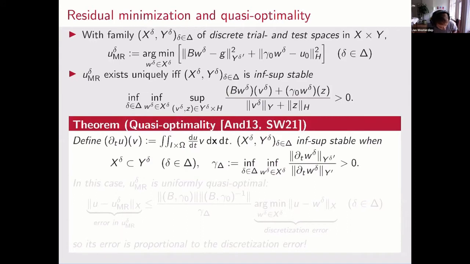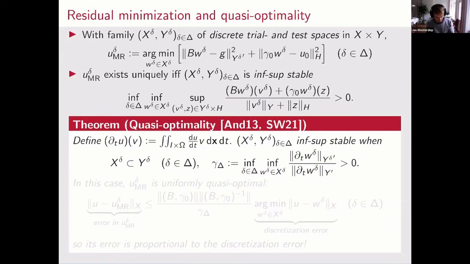Andreev back in 2013 showed this for the heat equation, and we generalized this to arbitrary linear parabolic PDEs quite recently. We showed that this inf-sup stability can be guaranteed when your trial space is embedded in the test space and you have some inf-sup stability with respect to the time derivative only.